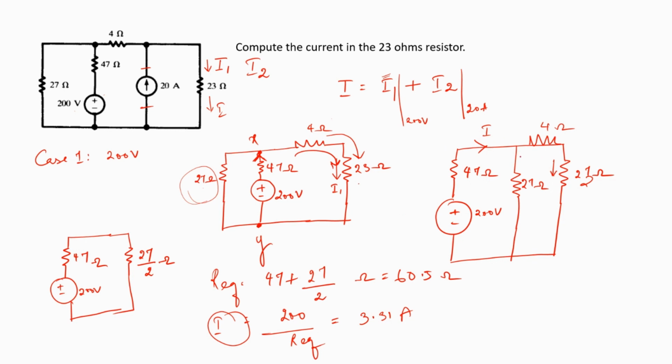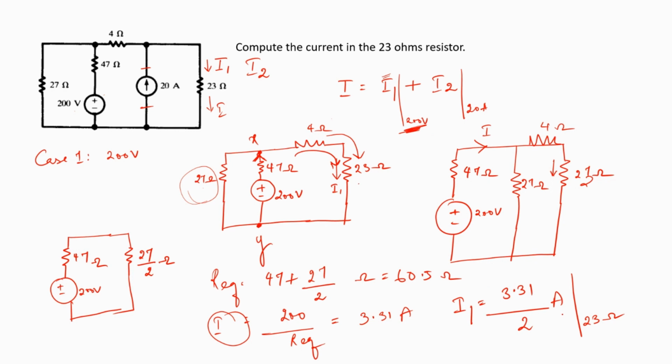In one branch I have 27 ohms, and in the other branch also 27 ohms. So we can intuitively say that the current is going to get divided into two. So 3.31 divided by 2 amps will be the current flowing through the 23 ohms resistor. This would be my current I1, because this is the current due to the 200 volts voltage source.